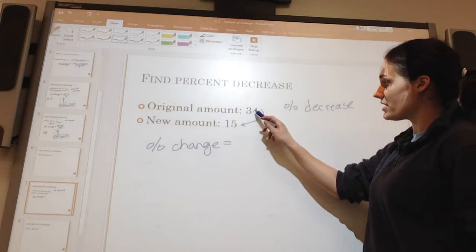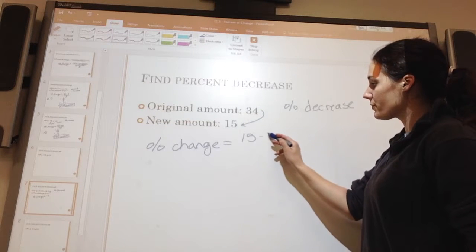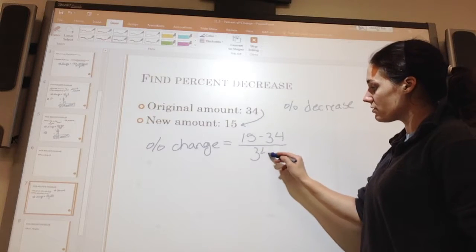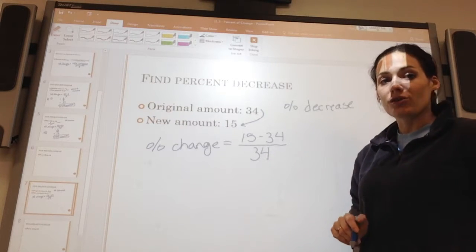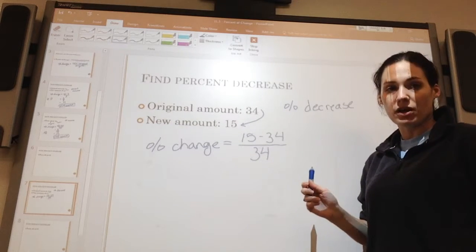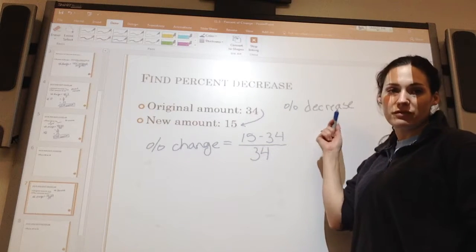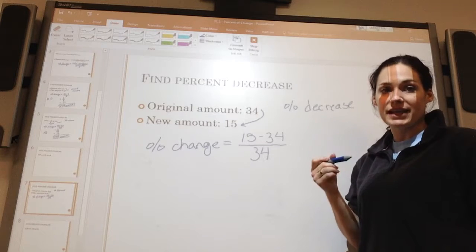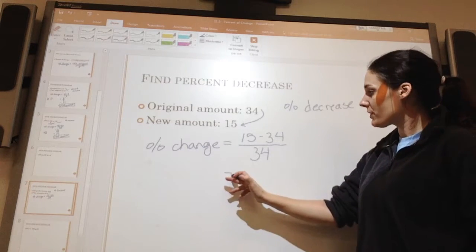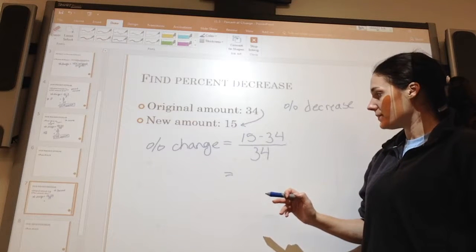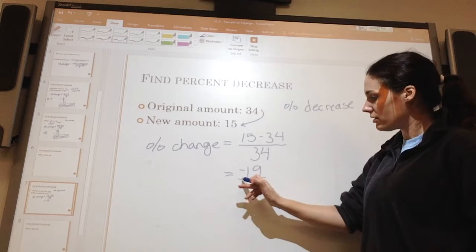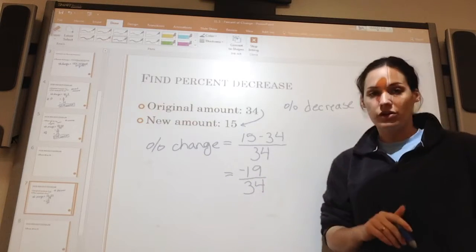So in this case, 15 subtract 34, all over the original, which is 34. So if you notice, 15 minus 34, we're actually going to get a negative number in the numerator. That's the reason for the decrease. We should expect to get a negative if we expected it to be a decrease. 15 subtract 34 is negative 19, over 34.